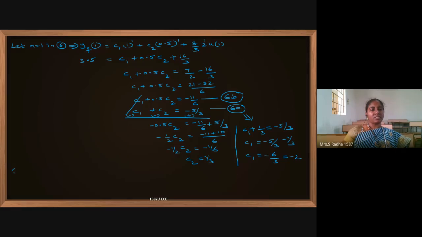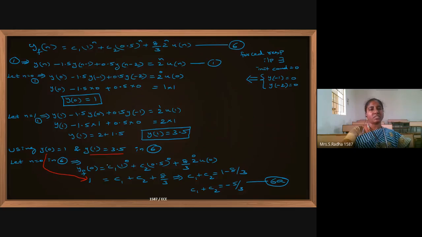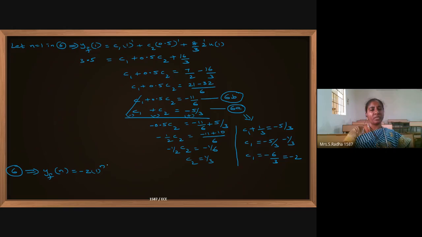Using these C1, C2 in equation 6, the forced response is minus 2 times 1 power n, plus 1 by 3 times 0.5 whole power n, plus 8 by 3, 2 power n u of n. This is the final forced response.